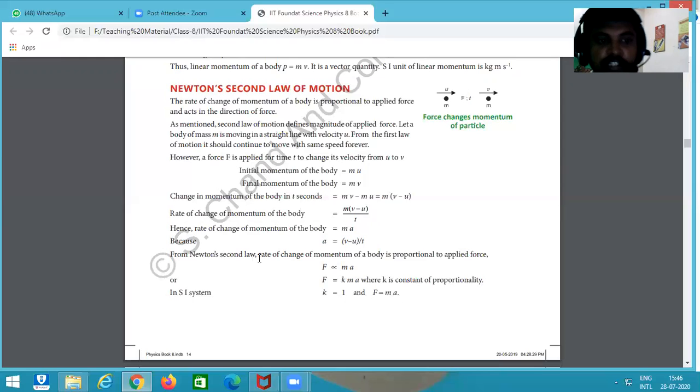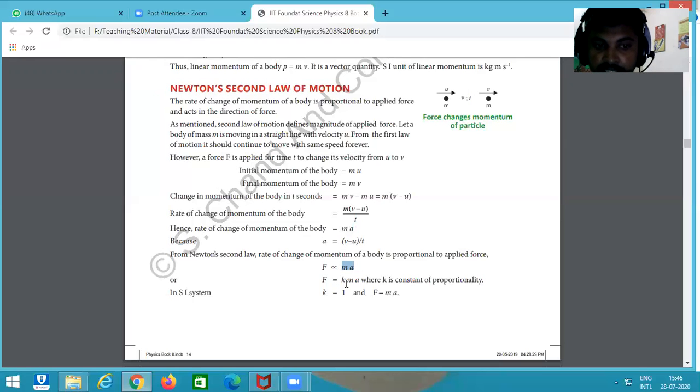Newton's second law: the rate of change of momentum of a body is directly proportional to the applied force. So the applied force F is directly proportional to the rate of change of momentum. What is the rate of change of momentum? ma. So F is directly proportional to ma.